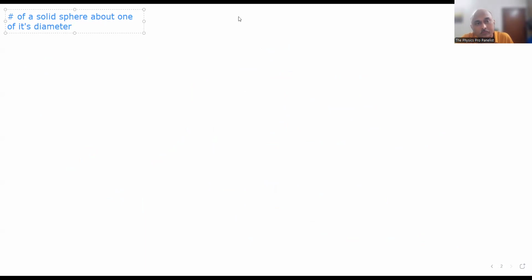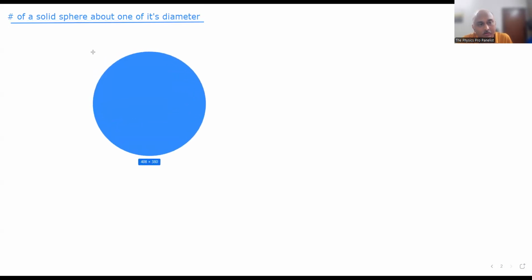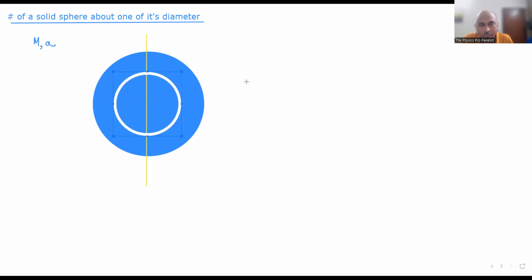See, in the hollow sphere, we took the element as a ring. In the solid sphere, we will take the hollow sphere as the element, because now we know the moment of inertia of a hollow sphere. So mass is capital M, radius is A. So we have this hollow sphere of some thickness.